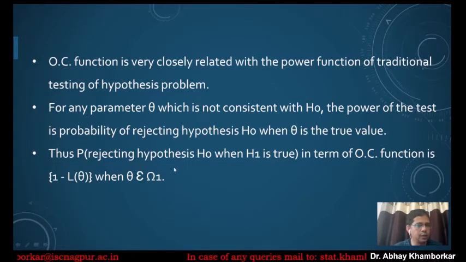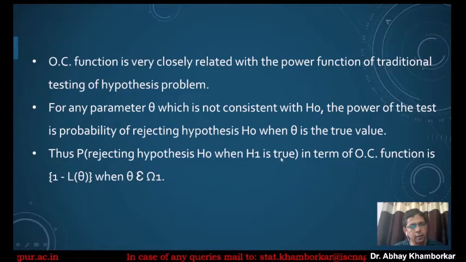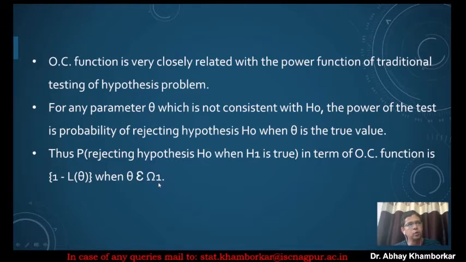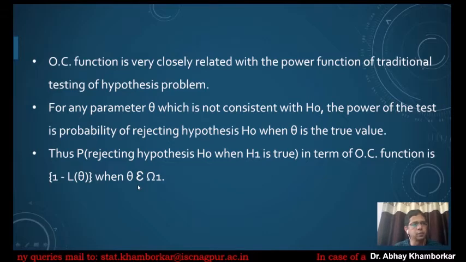Now we know that rejecting the hypothesis H naught is nothing but 1 minus L theta. And when I am saying that when H1 is true, इसी का मतलब होता है when theta belongs to omega 1, because H1 is nothing but theta belongs to omega 1. In other words, this is nothing but the correct decision, 1 minus L theta when theta belongs to omega 1, and this is nothing but power of the test, right?